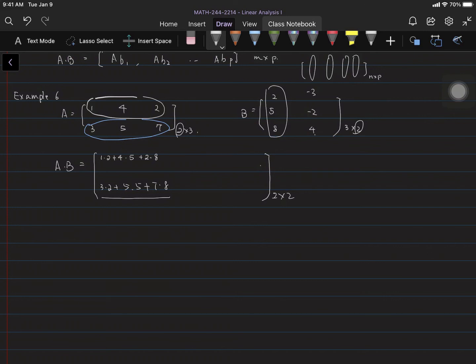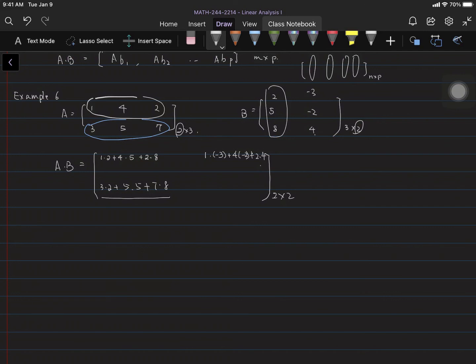And then we use matrix A multiplied by the second column of B, which gives us this column here. The top number is the first row of A, so 1 times -3, 4 times -2, 2 times 4.